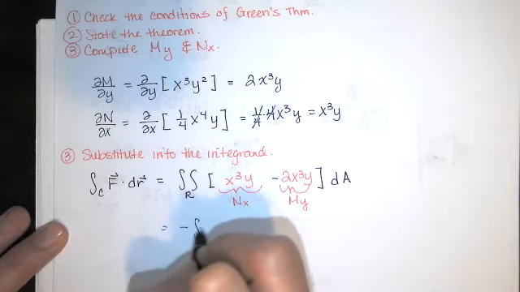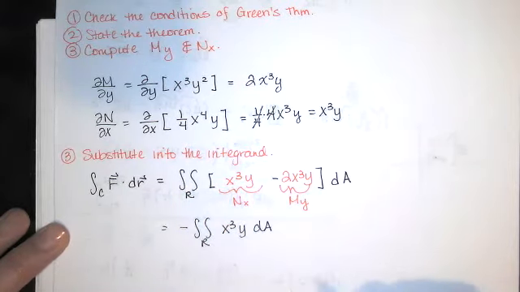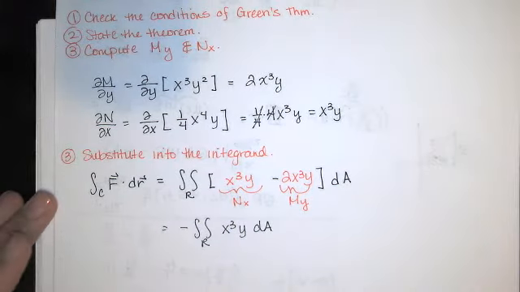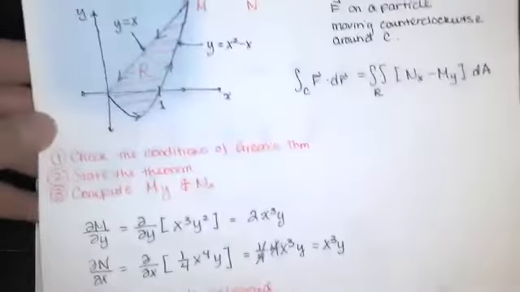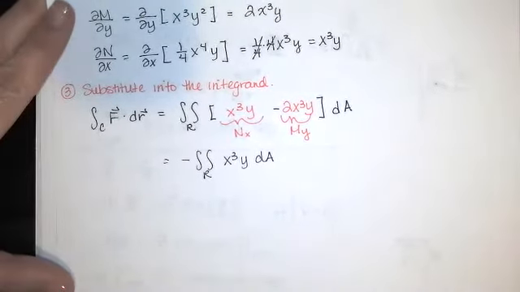So we get negative x cubed y. We just have to integrate this simple polynomial function over the region R. That's pretty easy. All right, so we've got our new integrand. Now we just need bounds for R, and then we'll evaluate the integral.